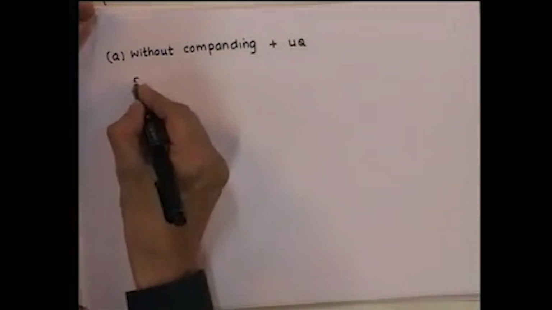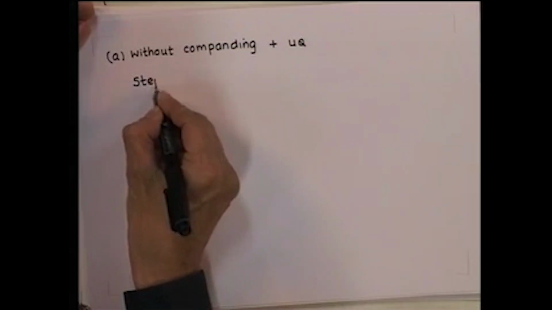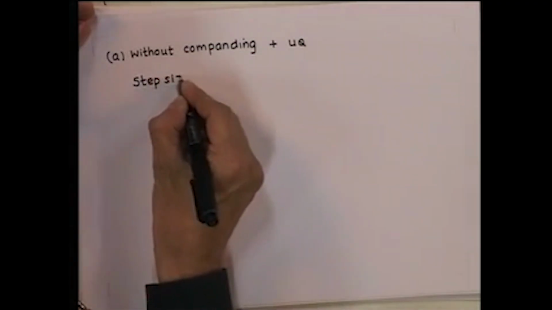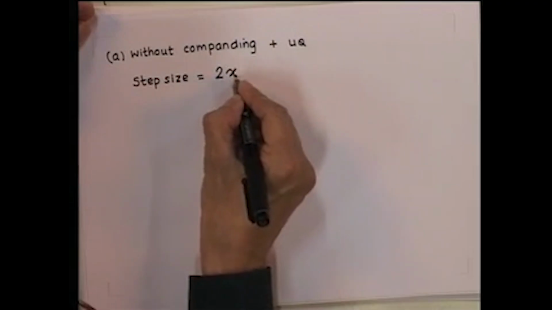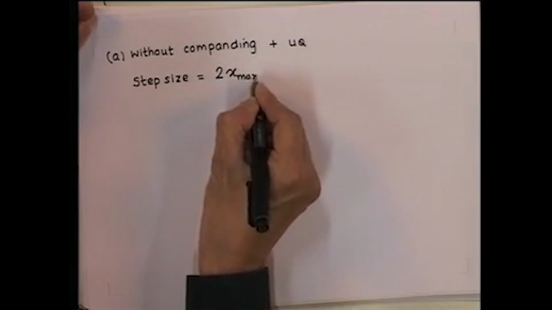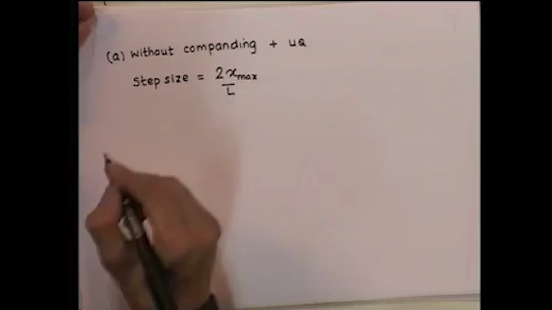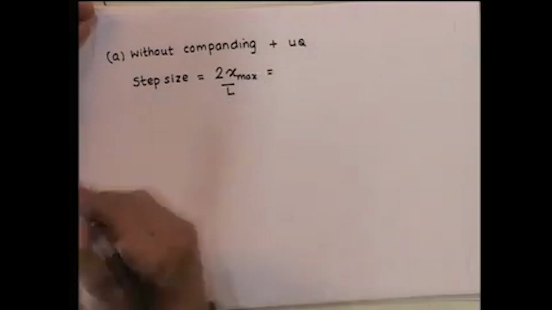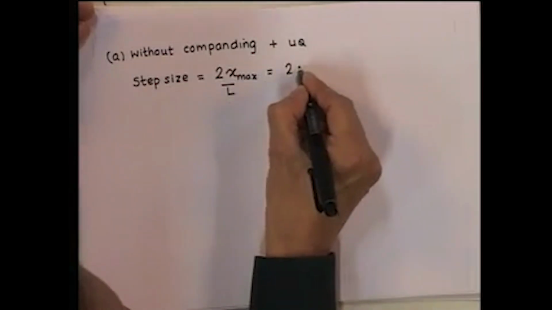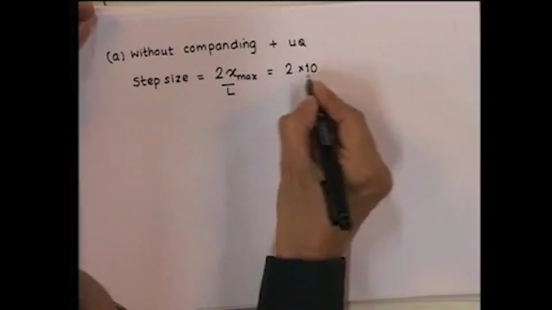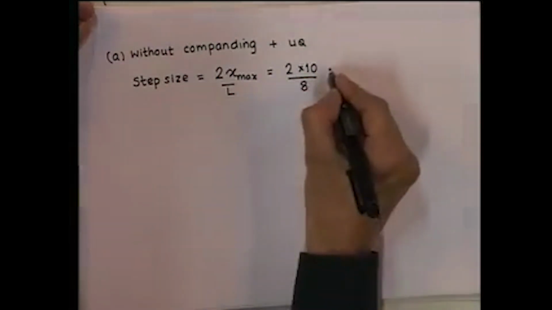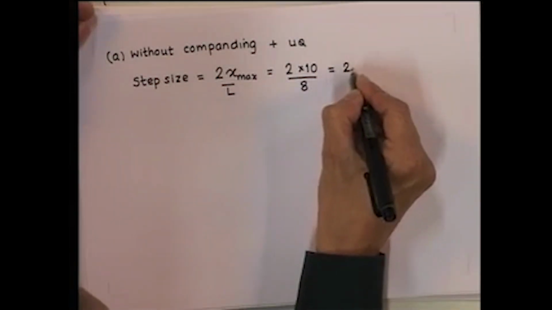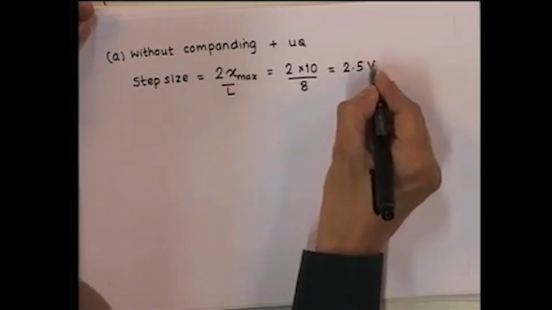In this case the step size is given by 2 x max by L. In this case we have 2 into 10 by 8 level quantizer. So, the step size is 2.5 volts.